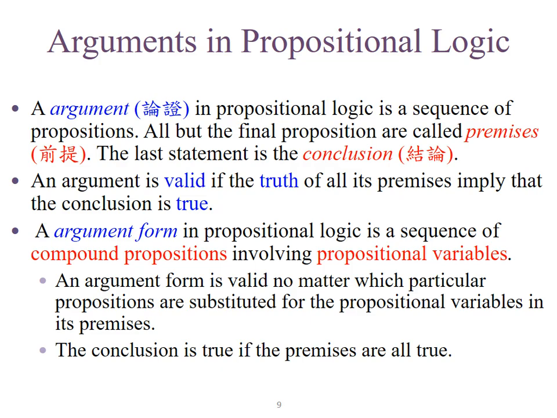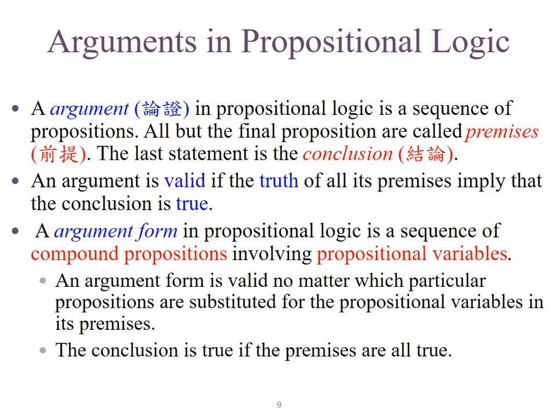But here we assume all premises are true, then we can derive that the conclusion is also true. Then we call this argument a valid argument. Okay, so you can see the argument is not valid if you assume all premises are true, but the conclusion is false. You cannot draw a conclusion based on the truth of all premises.